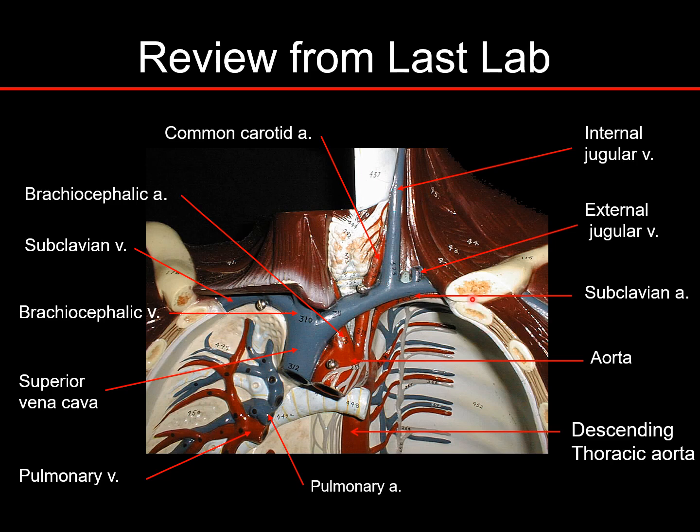And then we'll do the pulmonary at the end because they're a little backwards, remember? But if we look at our veins coming back to the heart, let's start out and work our way back to the heart, because that's the blood flow direction. Up here with the common carotid, we have our internal jugular vein.